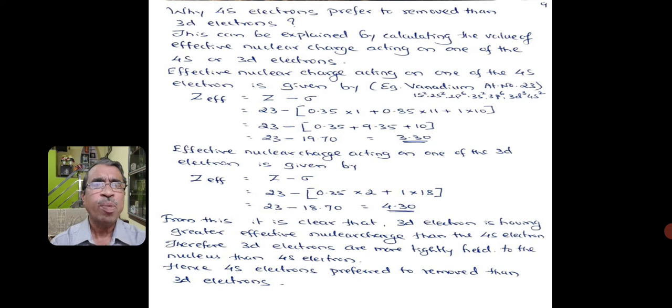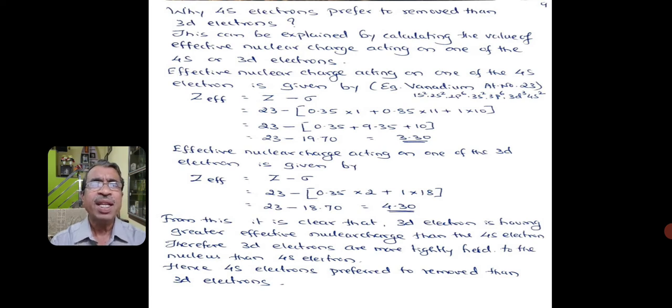That's why it is 0.35 into 2. And since this electron is in the 3d, whatever electrons are inside, their value is taken as 1. Inside, we have 18 electrons in total. Therefore, it is 1 into 18. So the value becomes 23 minus 18.70, which is equal to 4.3.